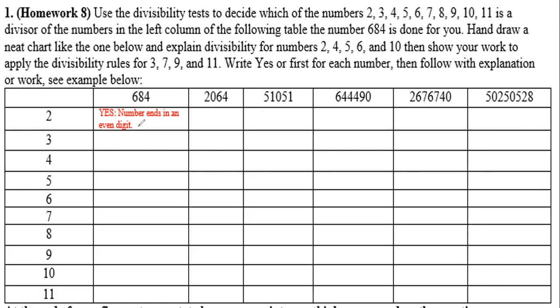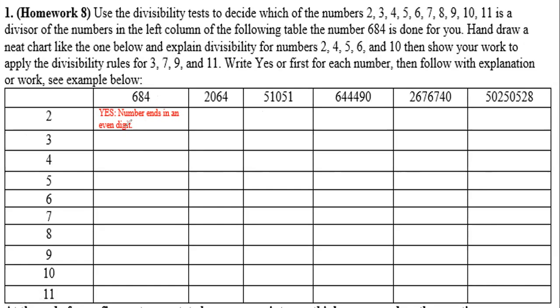On to 3. The divisibility rule for 3 is that you add up all the digits in a number, and if that sum is divisible by 3, then the whole number is divisible by 3.